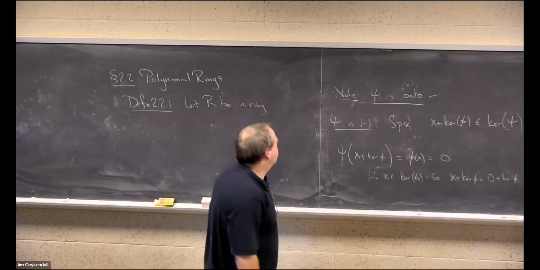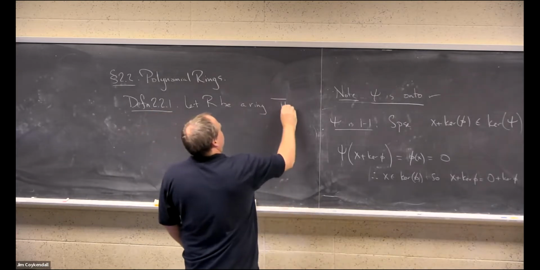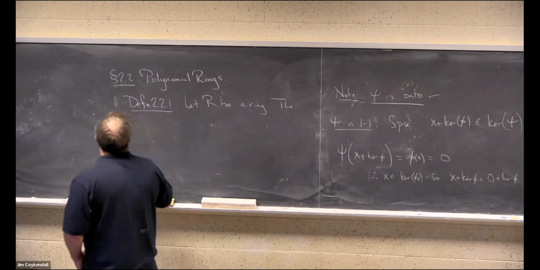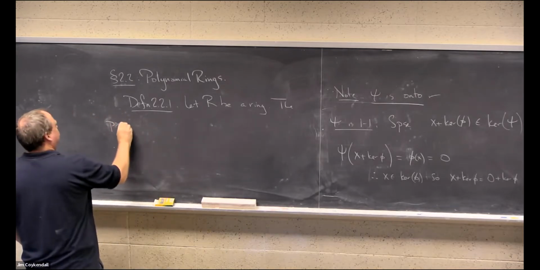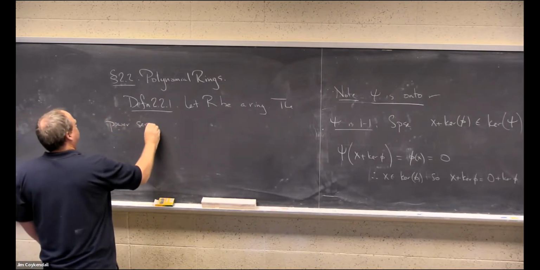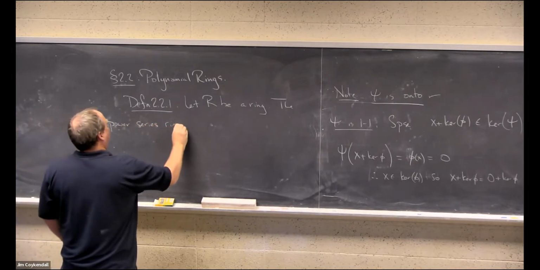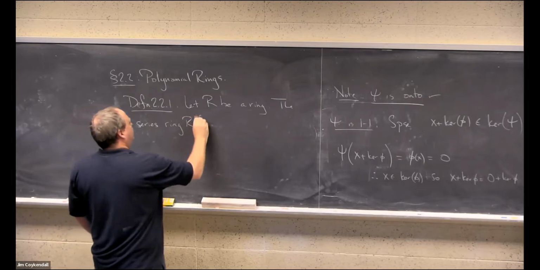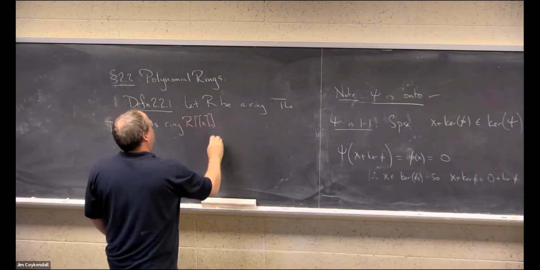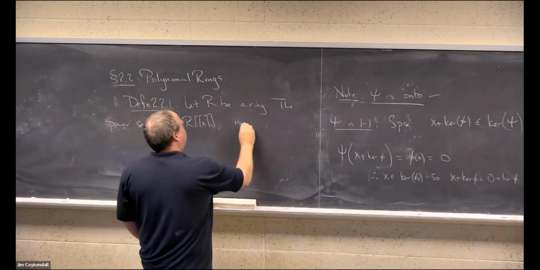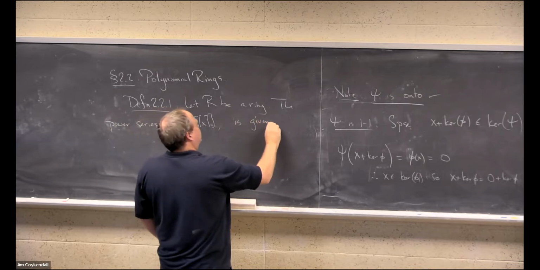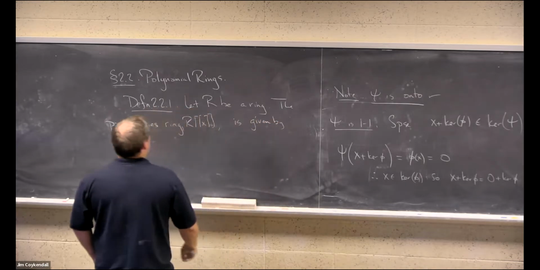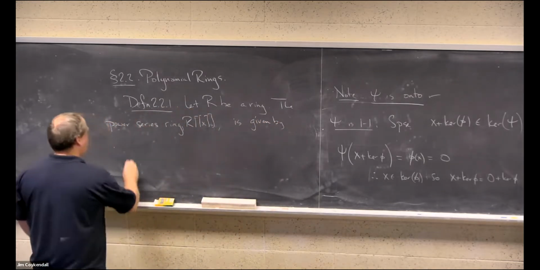The power series ring R[[x]] is given by just this collection of formal sums.